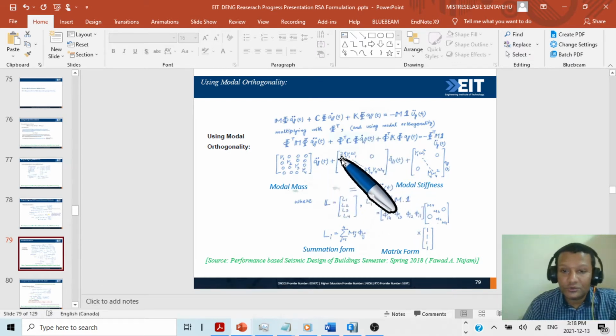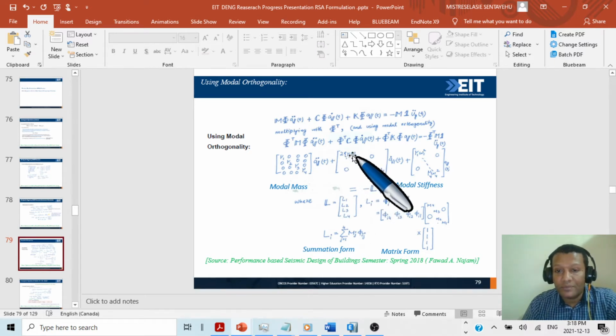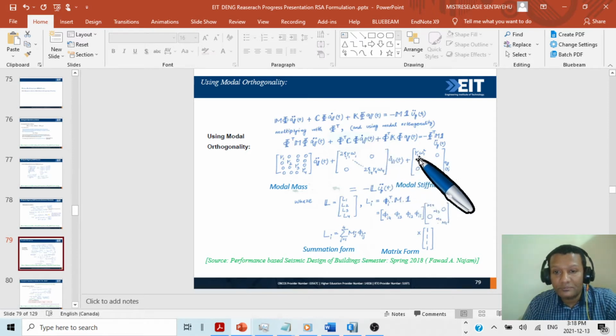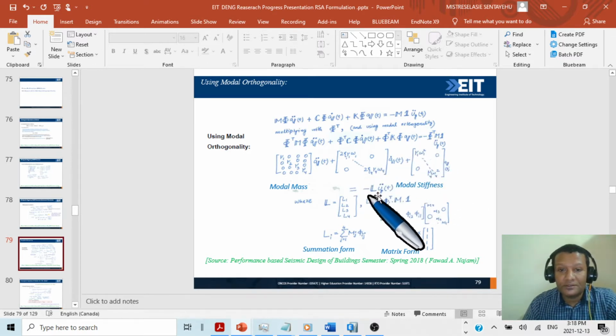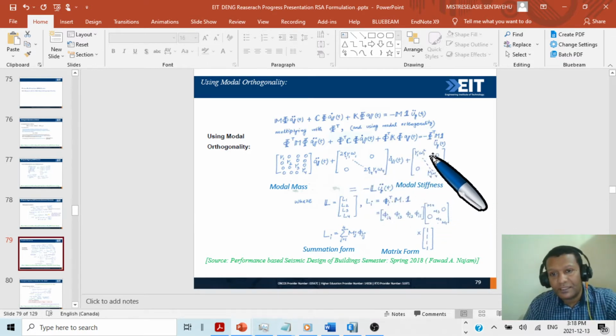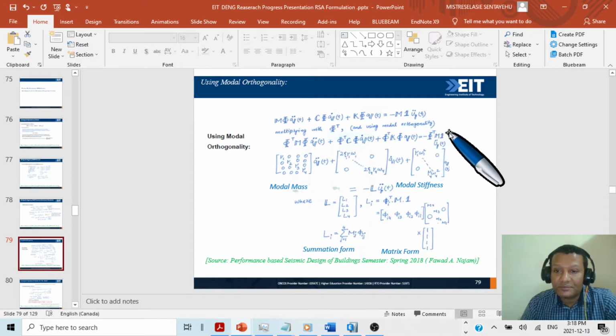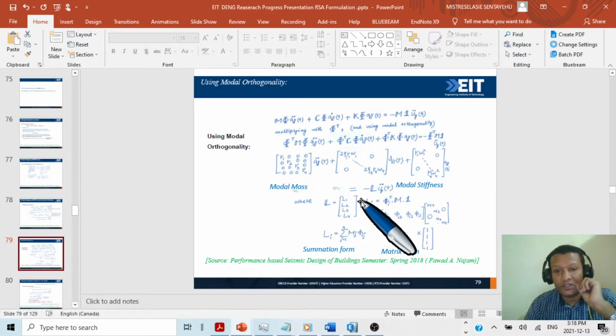Again you can see 2 xi times modal mass times omega, all of this will be on the diagonal, times q dot, plus again phi transpose times k times phi times q of t. This is also the modal stiffness, as you can see, mu times omega squared, times q. It is equal to, here we are going to change phi transpose times m times 1 into minus L, just for the sake of simplification.